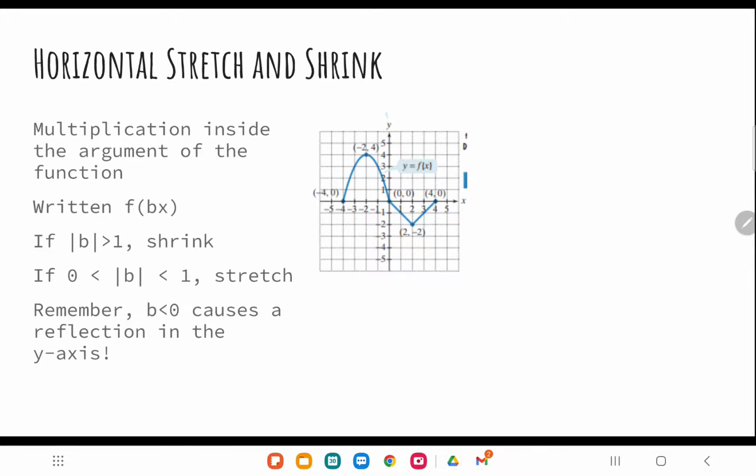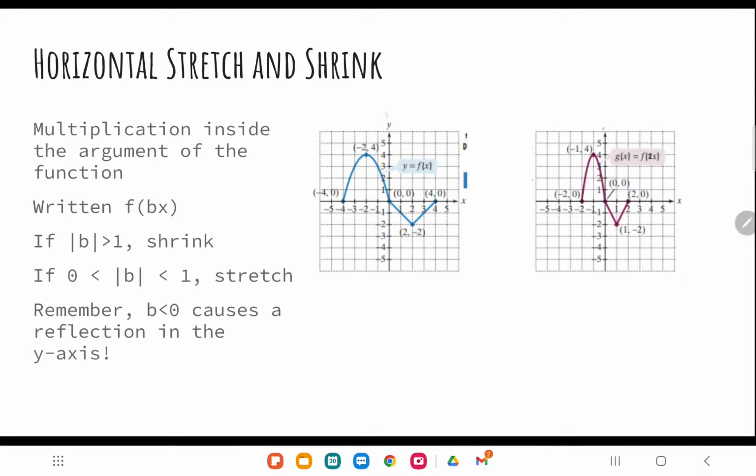So here's my original function, y equals f of x. Initially, we're going to look at a new function, g of x, which is going to be f of 2 times x. So for each of these, I'm taking a value and doubling it and then seeing what it would correspond to on this graph. So my x-coordinate of 1, when it gets doubled, it's 2.